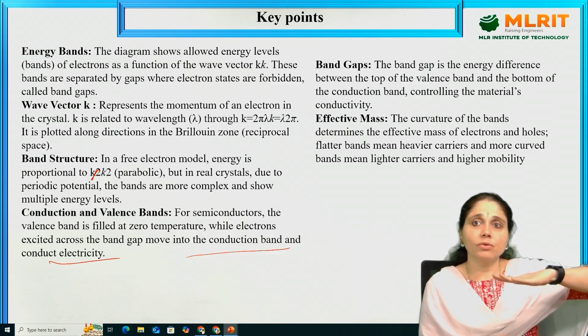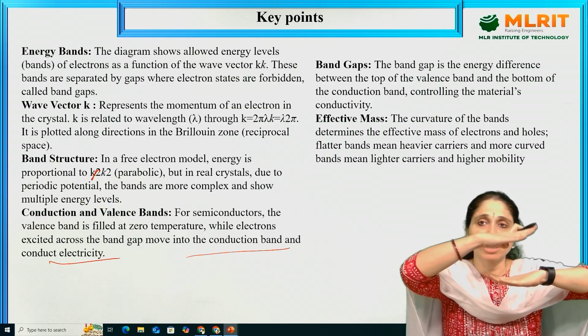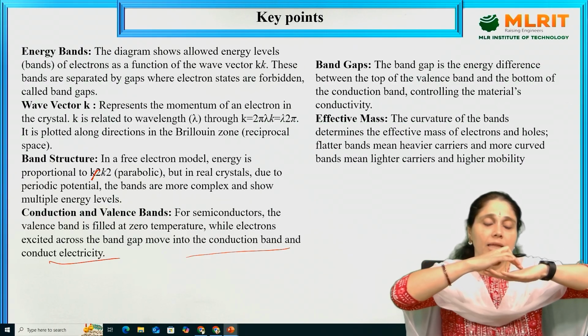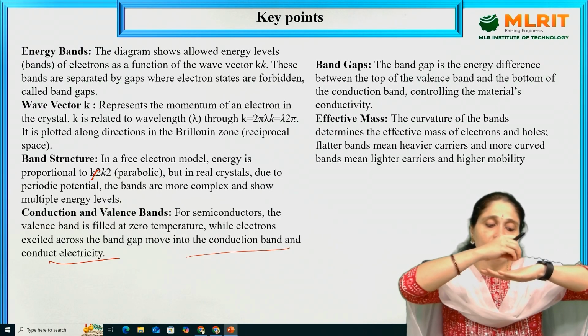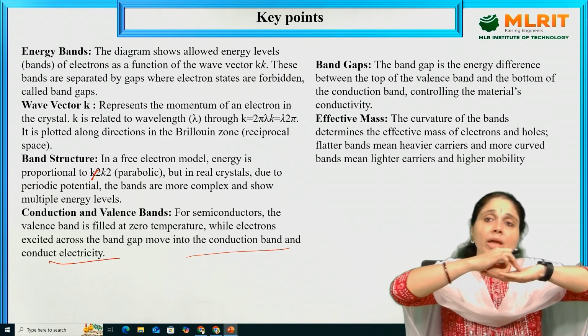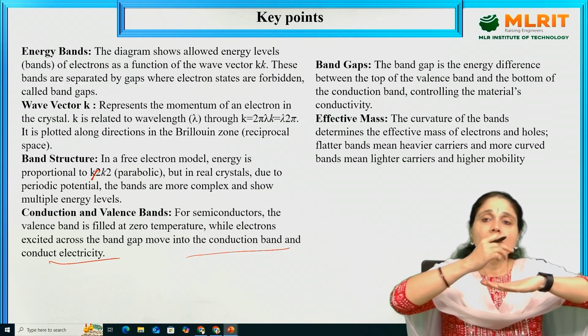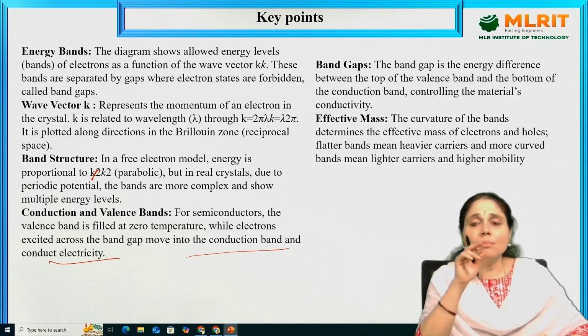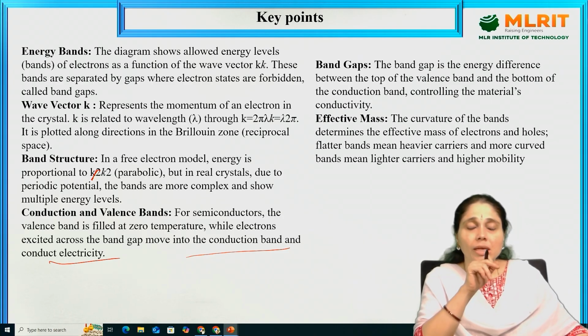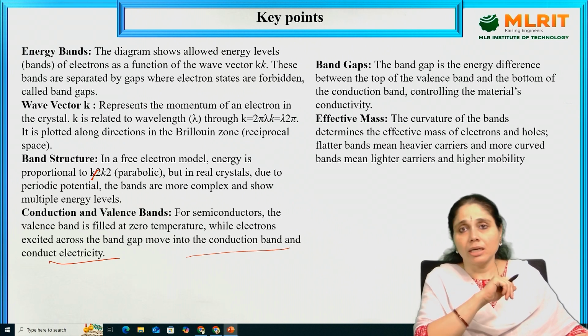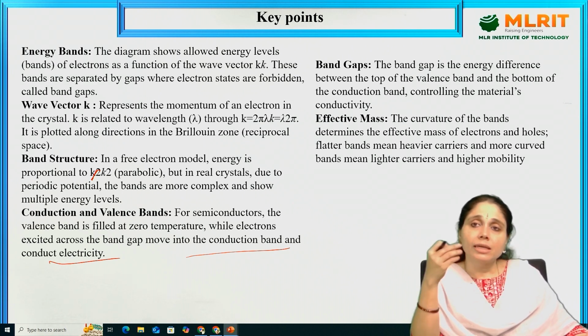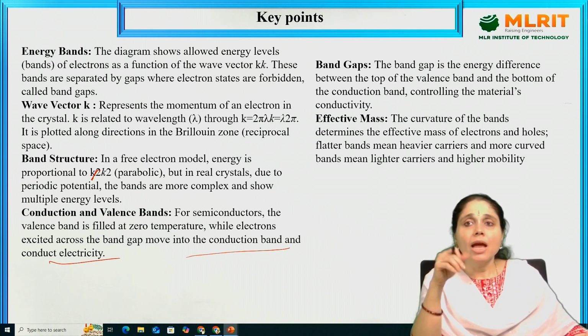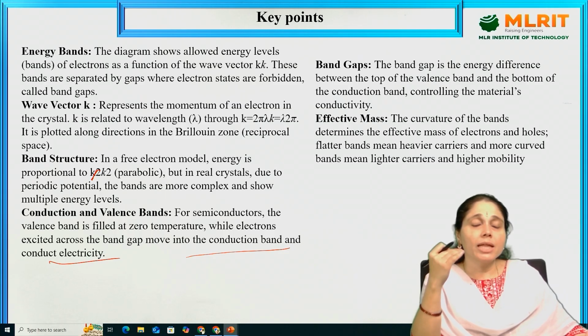When an electron jumps from the valence band to the conduction band, it leaves a space in the valence band, which is the formation of a hole. This possibility arises in semiconductors. The electrons conduct electricity when they are in the conduction band.